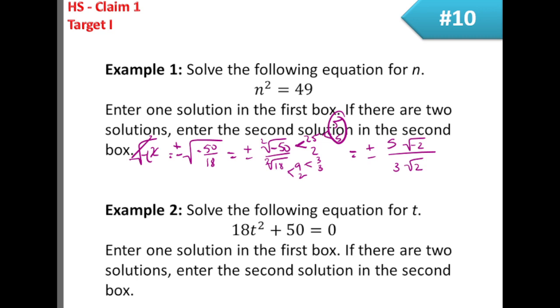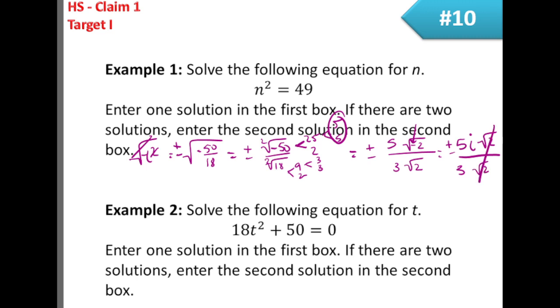But we cannot have a negative inside a radical. So this is an imaginary number. So it will be 5i, and then now there's no more negative inside. So this becomes 3 square root of 2. And so these two cancel out.